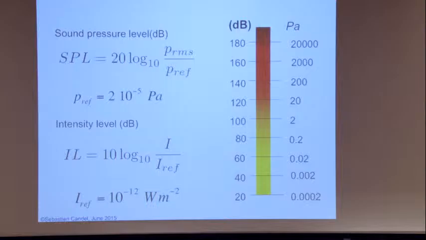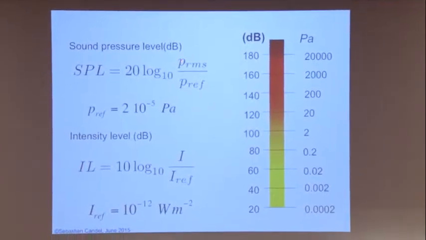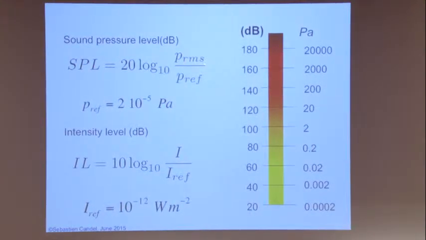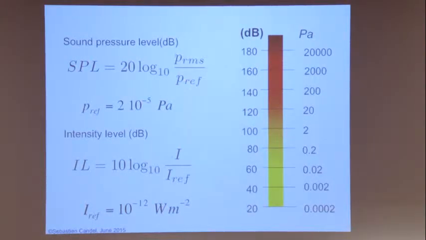There is nothing acoustic in that, it's just the gain. But here we use that for acoustics. So basically what we have is the root mean square pressure divided by a reference pressure. The reference pressure is very, very small, 2 × 10⁻⁵ pascals. And what you can see here is that 20 decibels is this very low level of pascals.